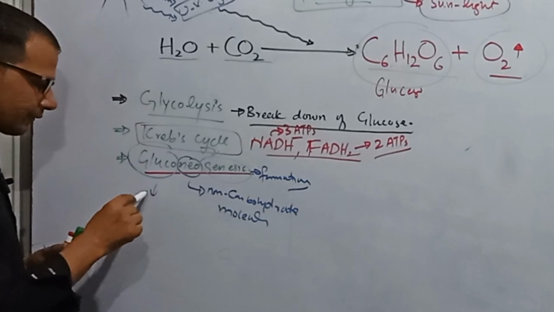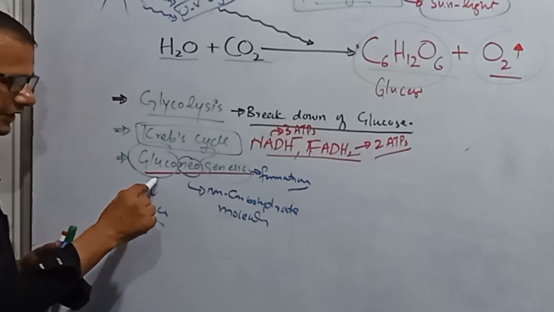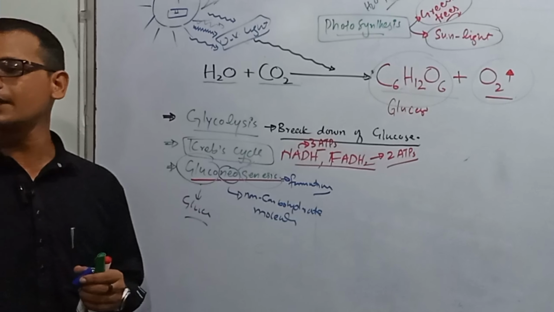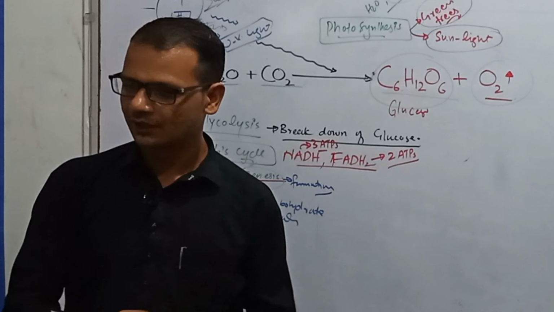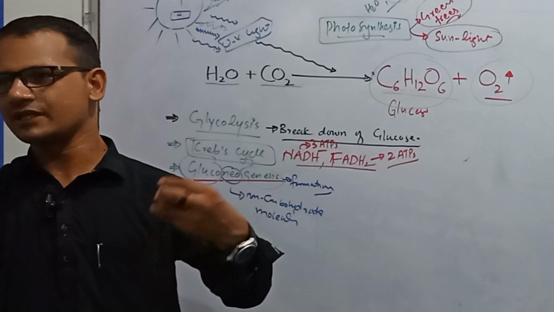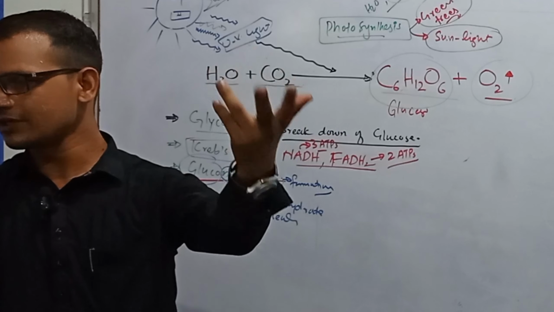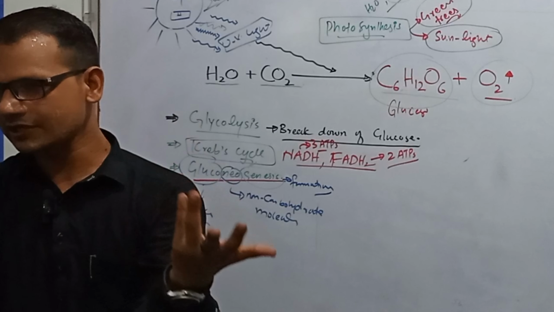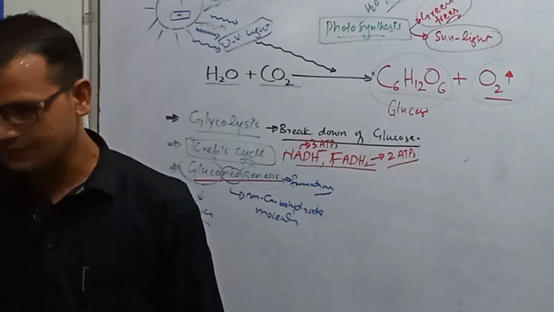And gluco, glucose. So the formation of glucose from non-carbohydrate molecules is called gluconeogenesis. For example, when glucose is synthesized from lipids, from amino acids, from glycerol, this is called gluconeogenesis, right?